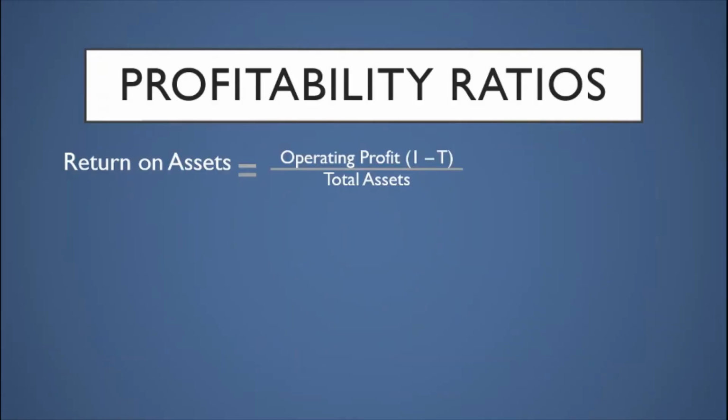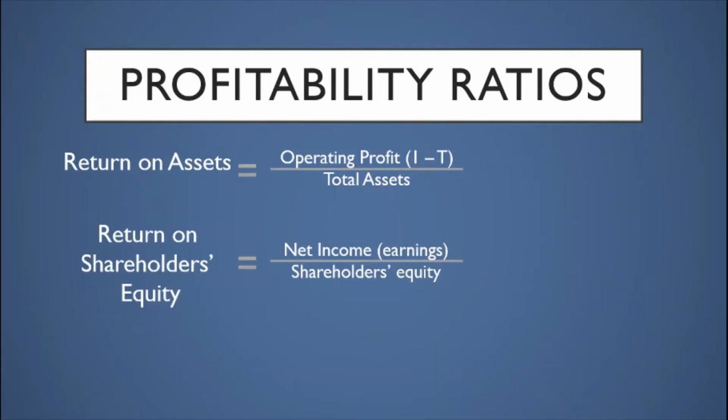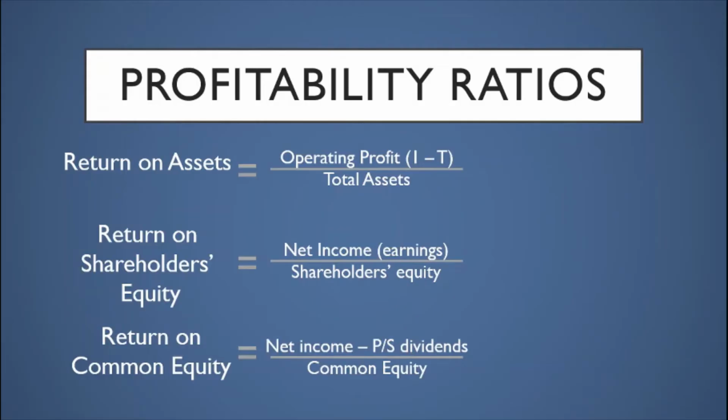Let us calculate the return ratios. Return on assets, operating profit after tax divided by total assets. Return on shareholders' equity, net income or earnings divided by shareholders' equity. Return on common equity, this is net income less preferred share dividends divided by the common equity.